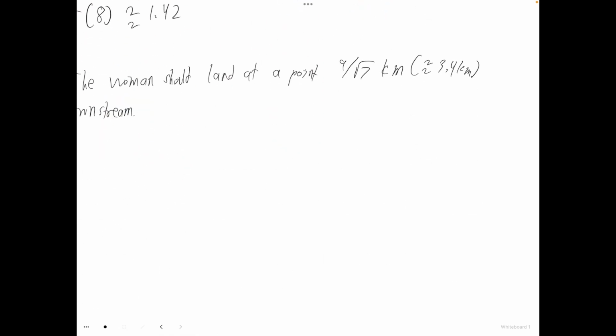Meaning that if we actually look at that picture again, with A here, the point D that she should land at is a point where this distance here is about 3.4 kilometers downstream. And then B's over here. And so she should land over at D and then run down to B from there.